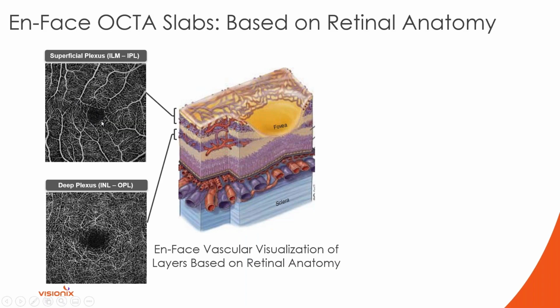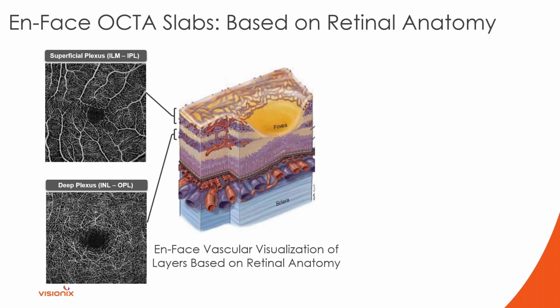So on angiography, anywhere that you see black is an indication that there's no perfusion there, or no blood supply, I should say. So this appearance is what the superficial capillary bed looks like. And what this is telling us is that's essentially, give or take some microns, the inner limiting membrane to, let's say, the inner plexiform layer.